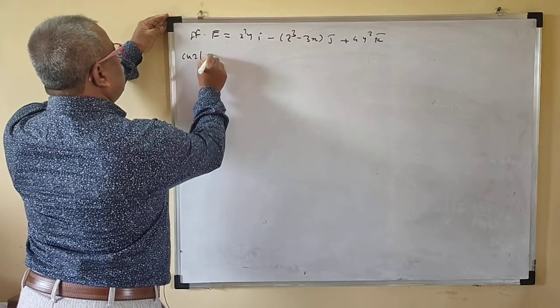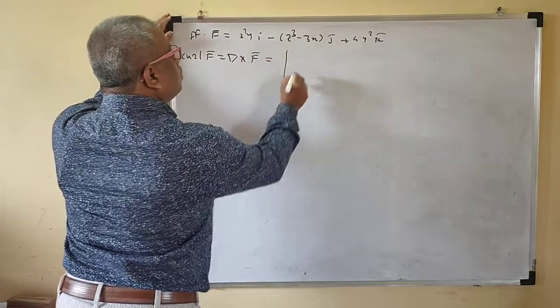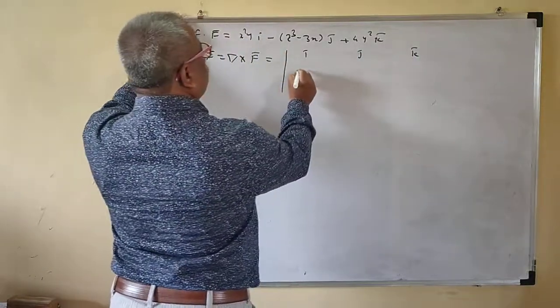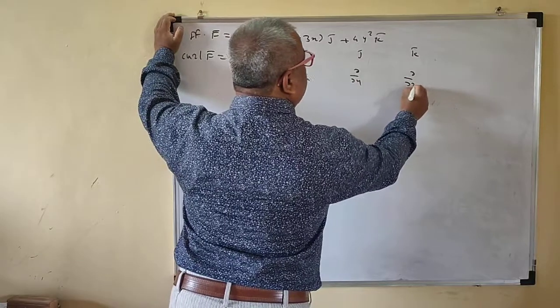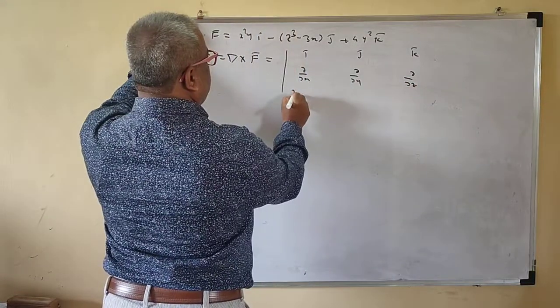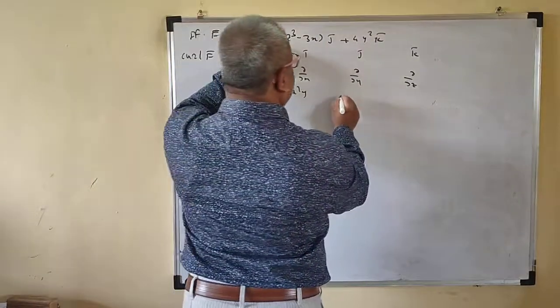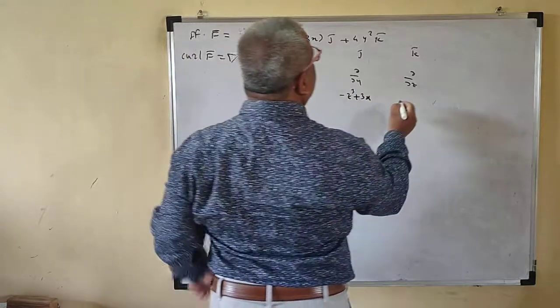Curl of f bar means i bar, j bar, k bar, ∂/∂x, ∂/∂y, ∂/∂z, and then you have to take the components: x square y, minus z cube plus 3x, 4y square.